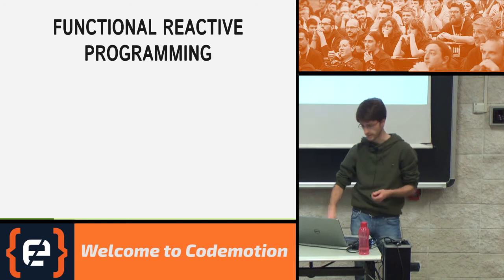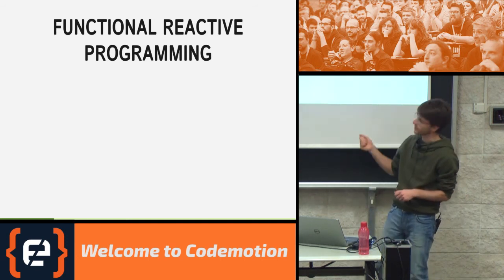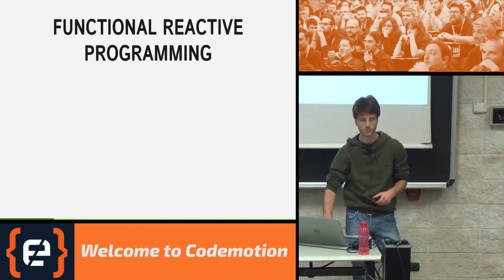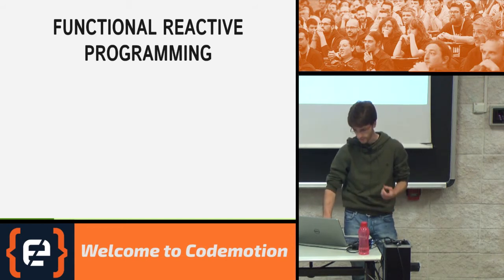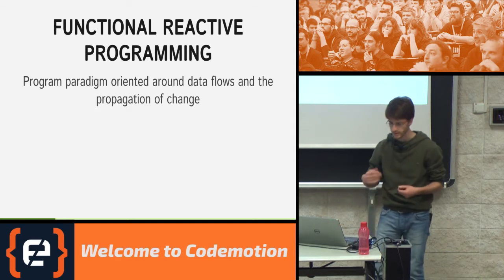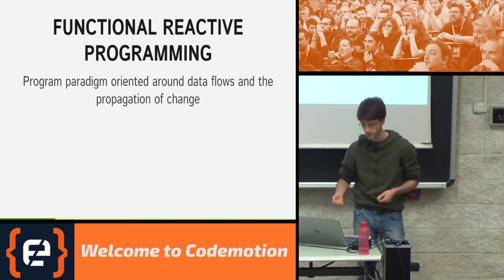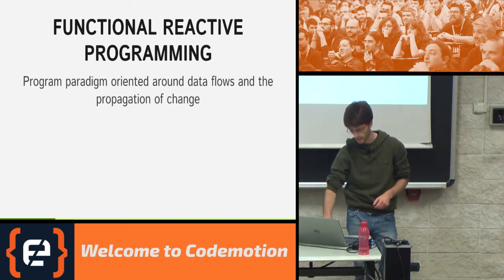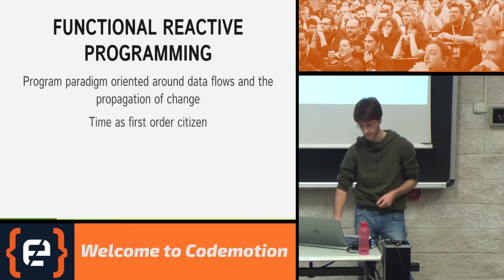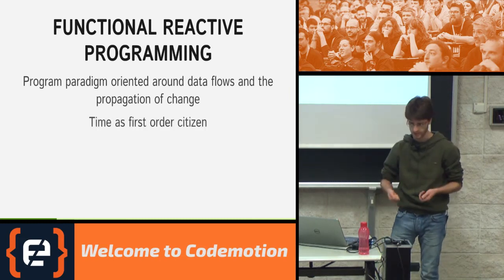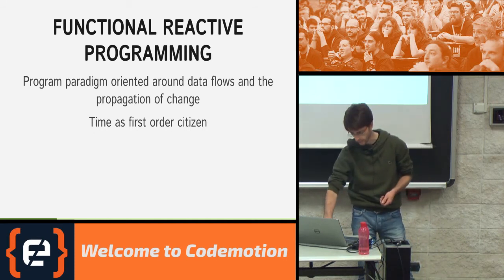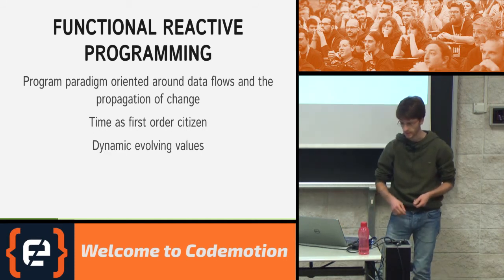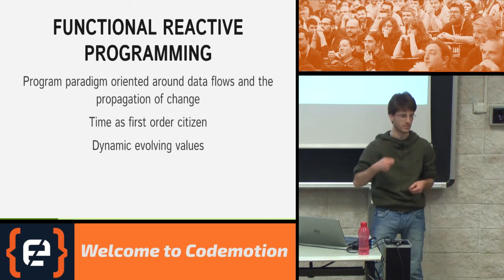Or there is another way, the other selling point, which is functional reactive programming. So this is maybe the less known one. What is it? It's just a programming paradigm oriented around data flows and the propagation of change. How do you get that? You try to make time a first-order citizen of your language, and you do this by having inside your language dynamic evolving values.